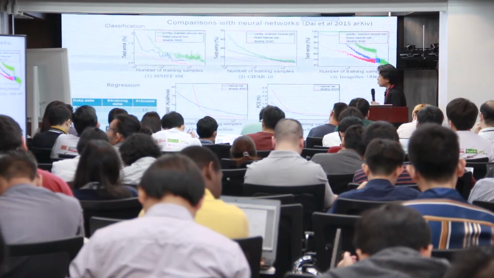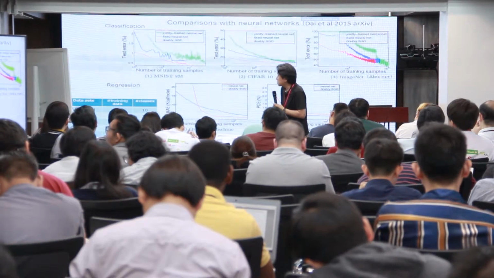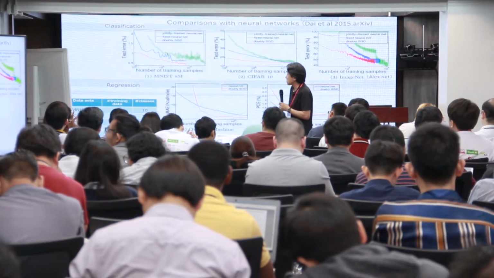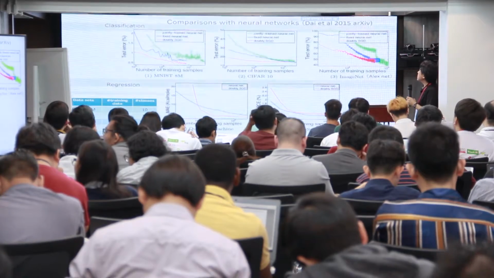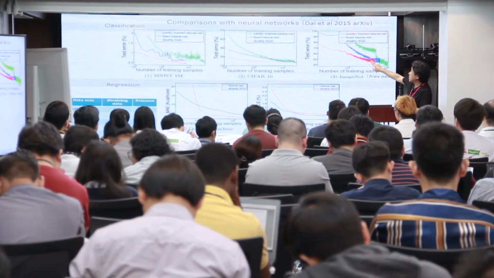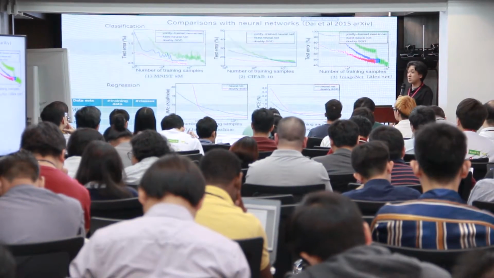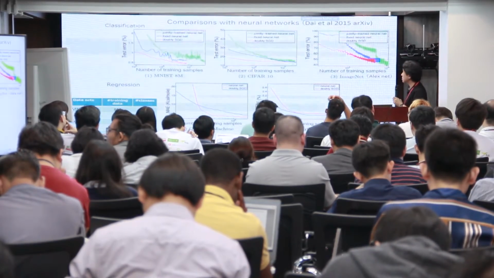And they used 5 famous data sets, including continuous output and classification tasks. Basically, the red one shows doubly stochastic gradient, so the kernel ridge regression or support vector machine, depending on the continuous or classification task.